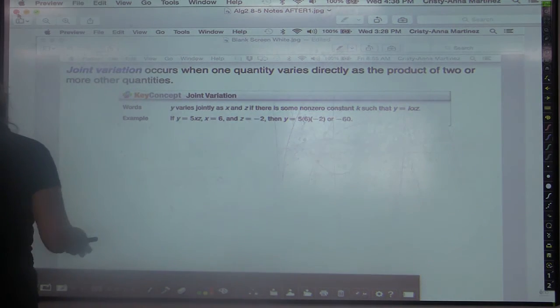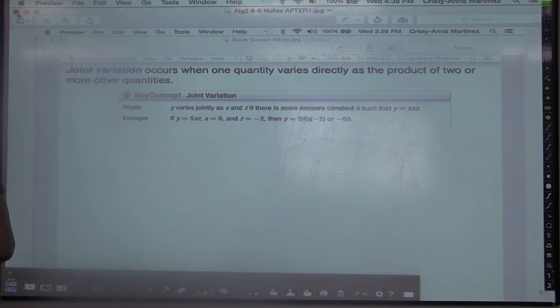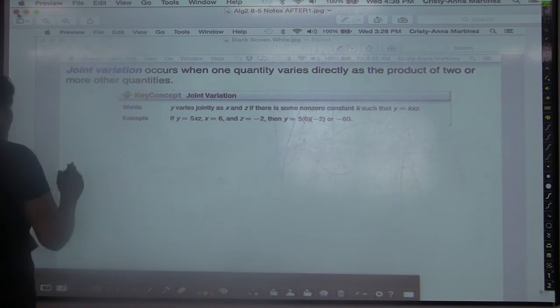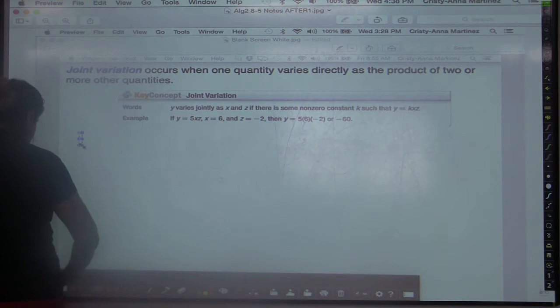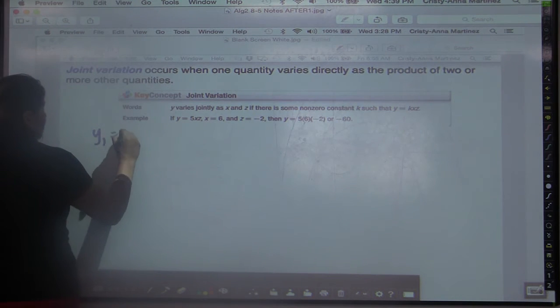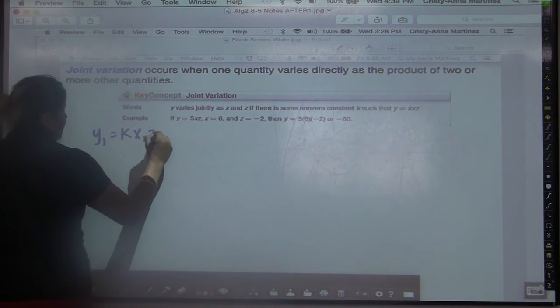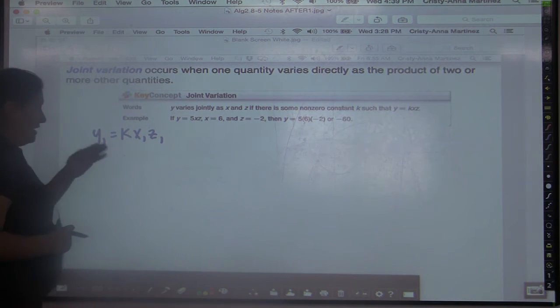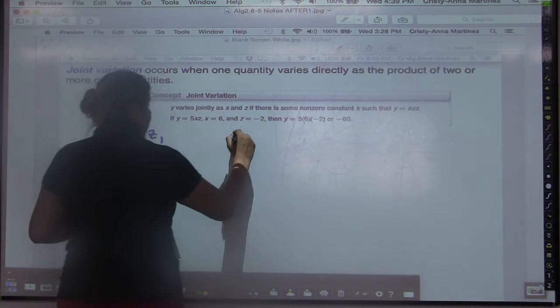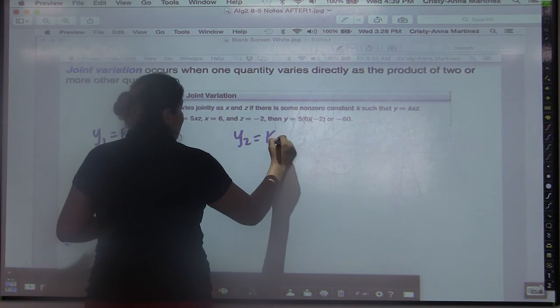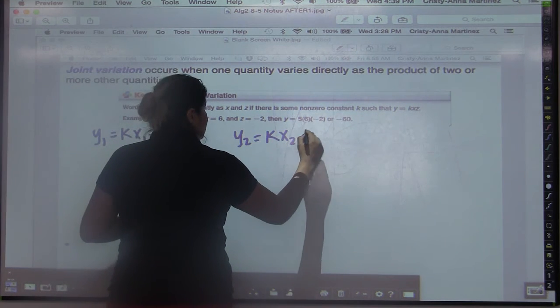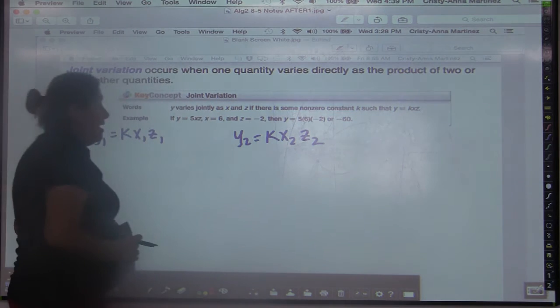But in a very similar fashion, if we have y equals kxz, we can pretty much say that, let's go back here, that y1 equals k x1 z1 in this case, because we have x and z, right? And then you could have y2 equals k x2 z2, just like that, and do the same thing.